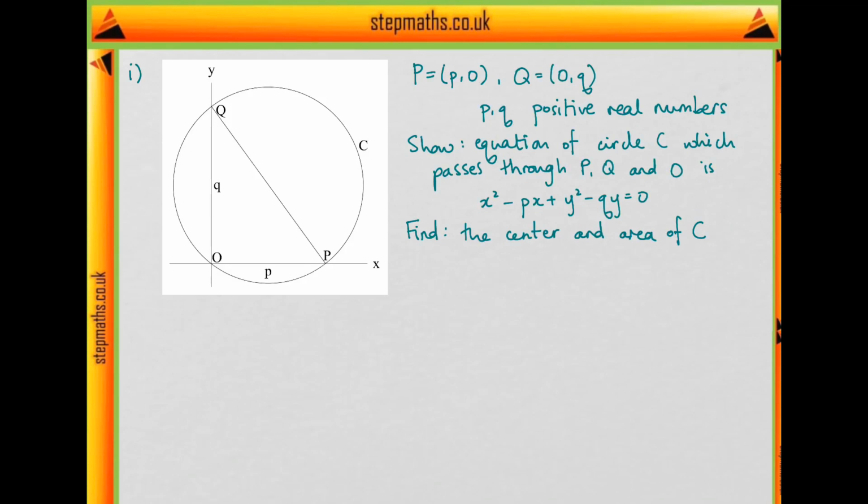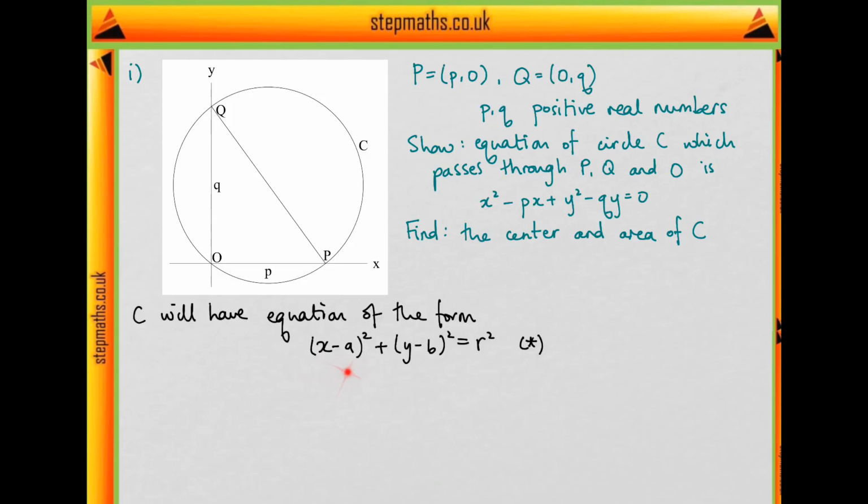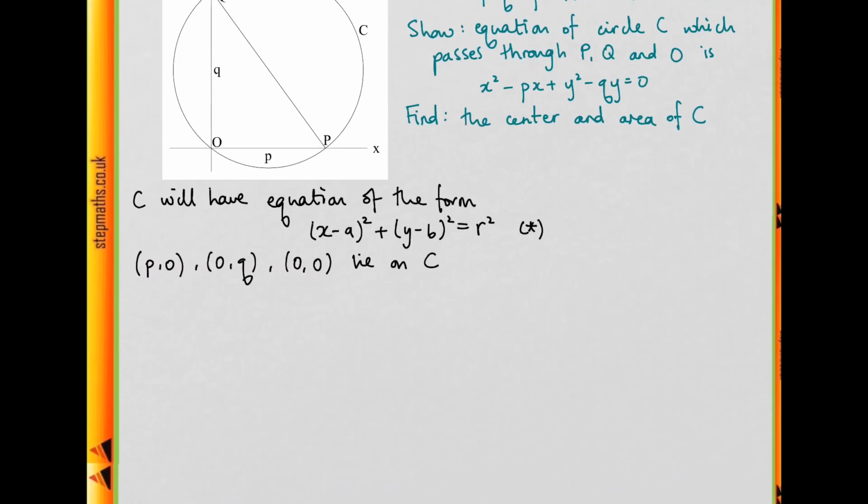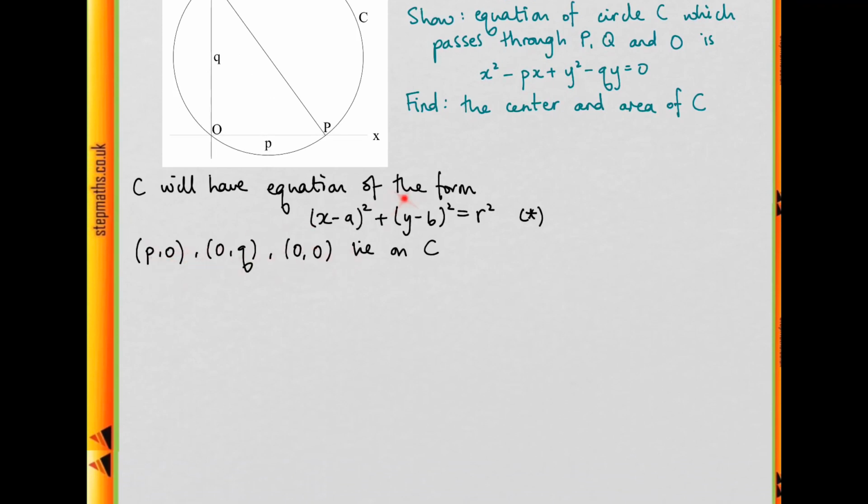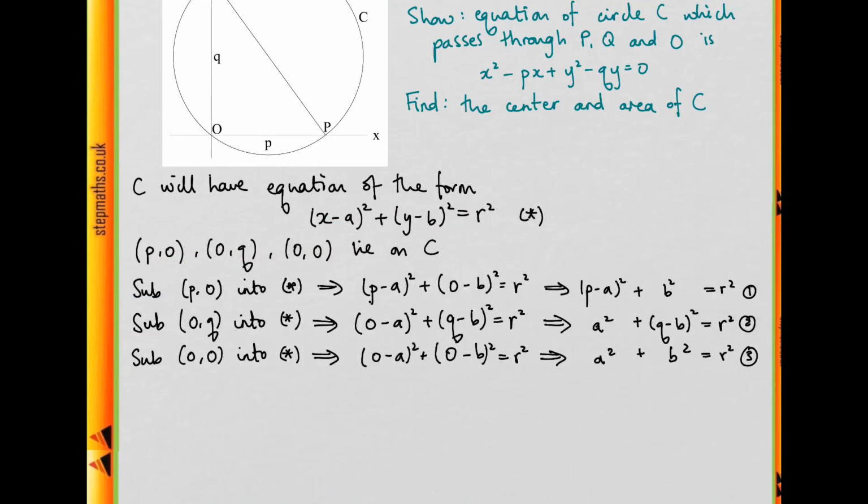So the general equation for a circle is (x - a)² + (y - b)² = r². We also know that the points P, Q and the origin lie on the circle C. If we substitute these points into our equation, here I've put x equals P and y equals 0 in the equation star to get the first equation, and then similarly for x equals 0 and y equals Q, and then for x and y both equal to 0.